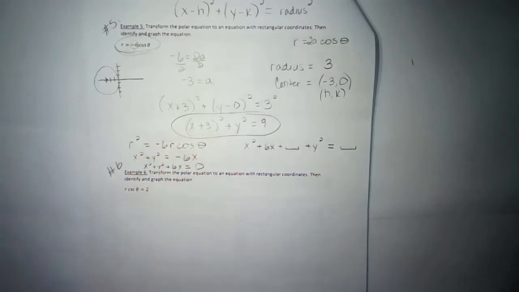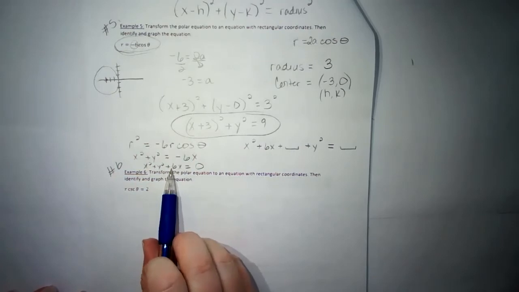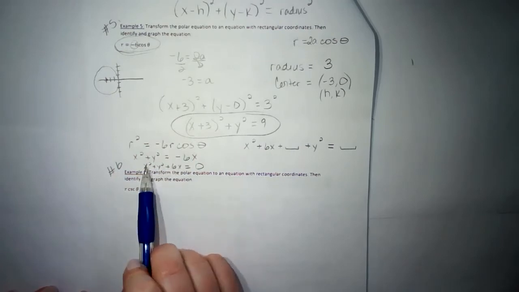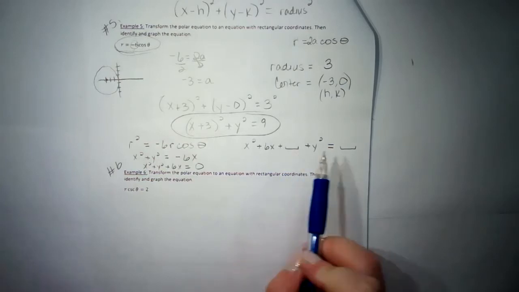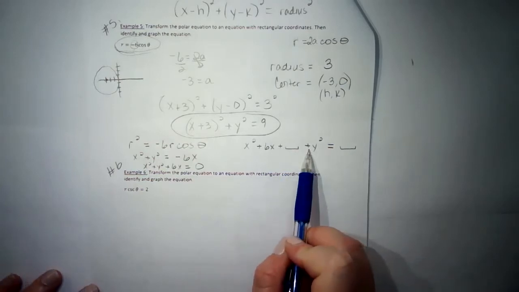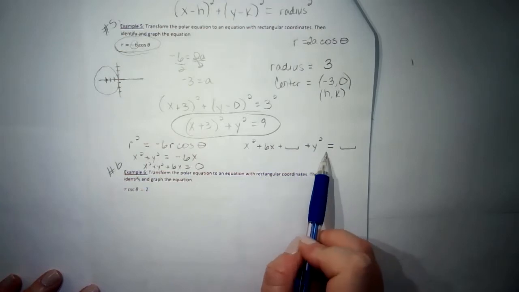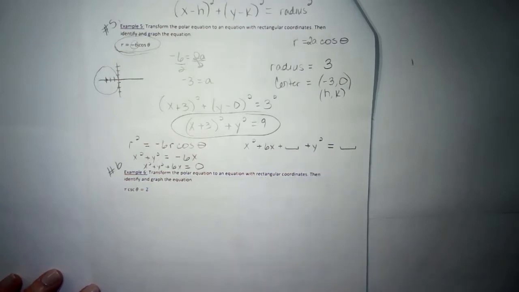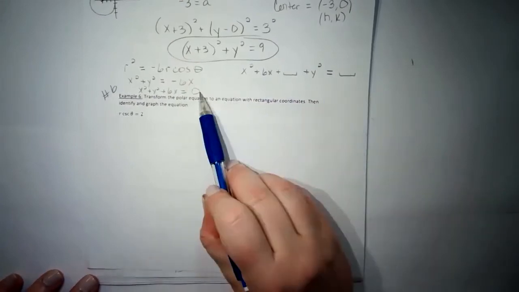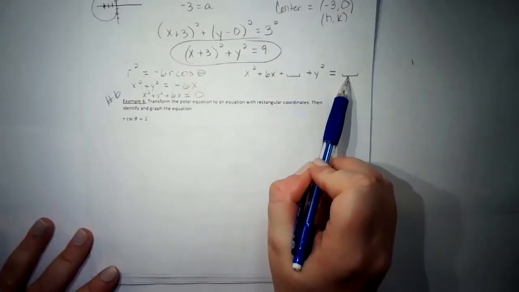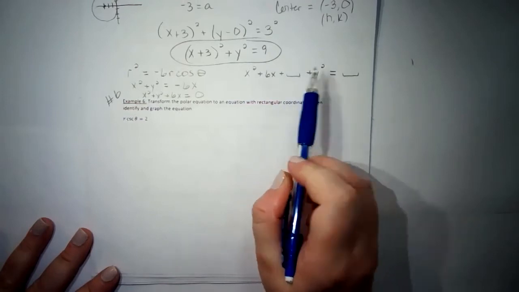So I added him over. Then I'm going to sit these two next to each other and leave a blank because we have to complete the square. I don't have to complete the square for Y squared because he doesn't have a single Y term. That's why it's not necessary for him. And over here, I just have a 0. So I'm just going to throw this blank over here. I got a blank on each side.